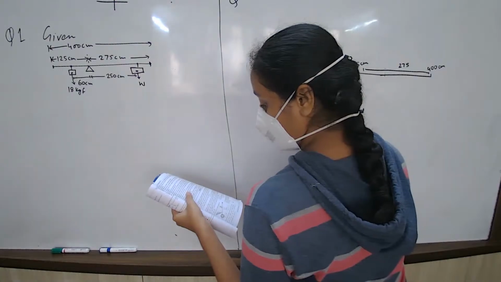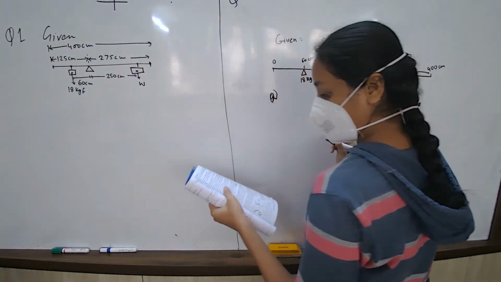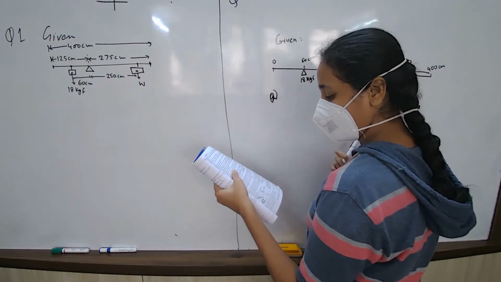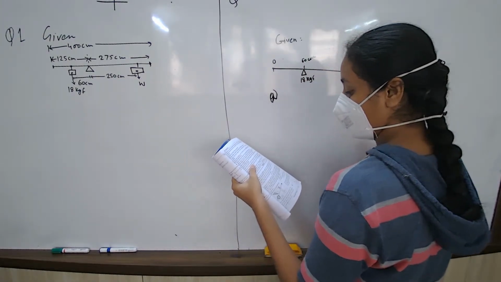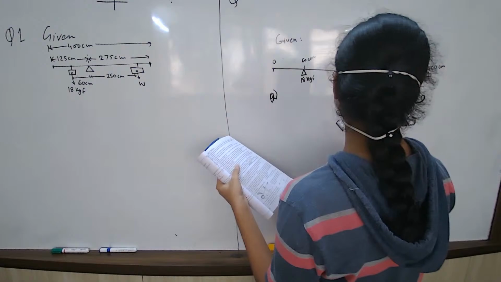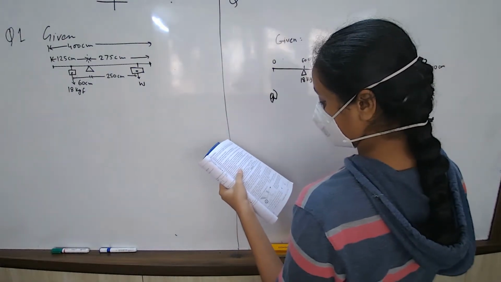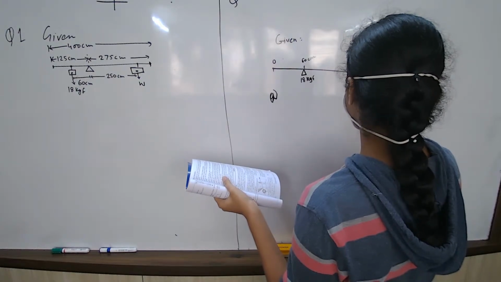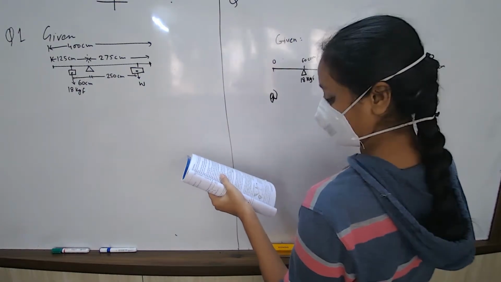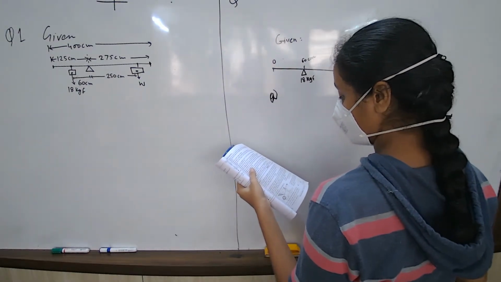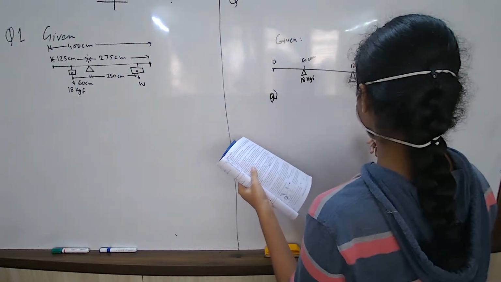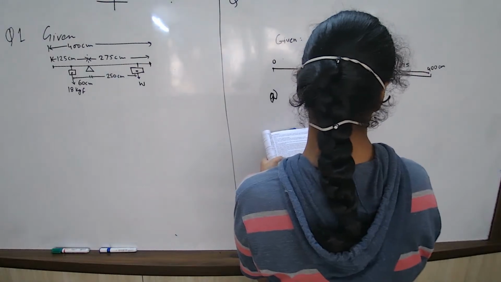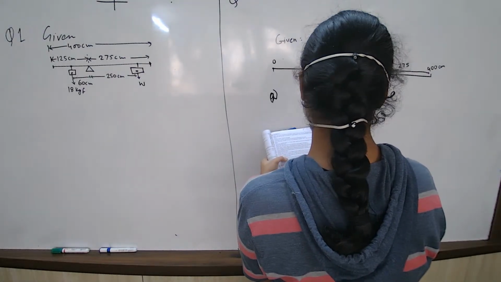तो एक बार डायग्राम ठीक से बन गया तो देन एवरीथिंग इज जस्ट इक्विलिब्रियम. So what is part A? It says a weight W is placed at 250 centimeter from the support. Read the question carefully.